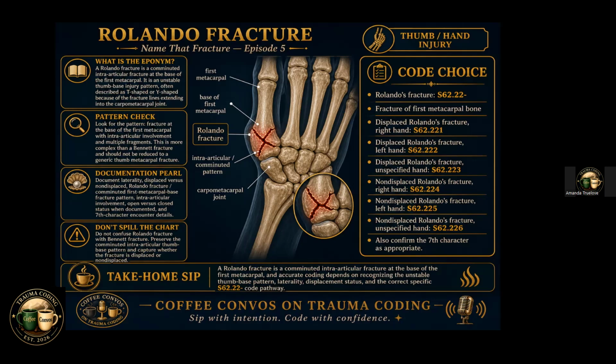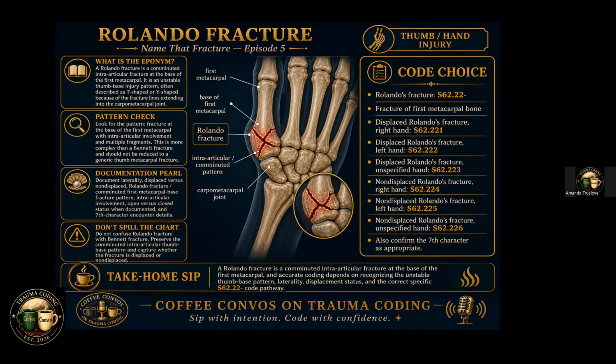So that is kind of like our first big documentation pearl, but we still have to dissect more of our data source, right? So we're looking from the providers to see if we've got laterality. Is it truly a first metacarpal base fracture? Did they call it Rolando when it was actually something else? And then do we have that intra-articular involvement?